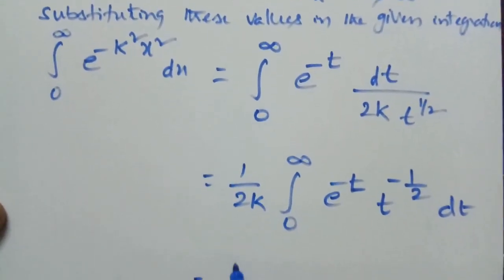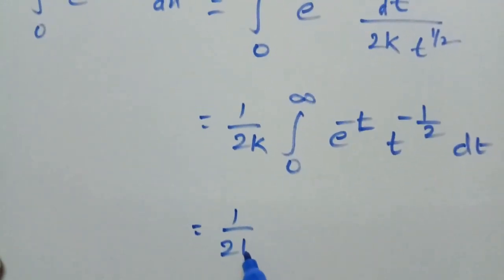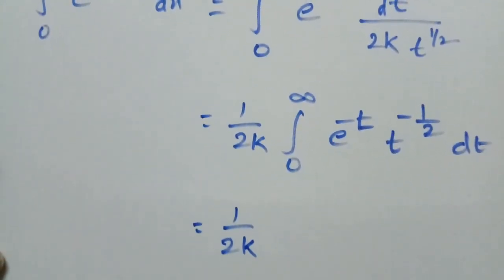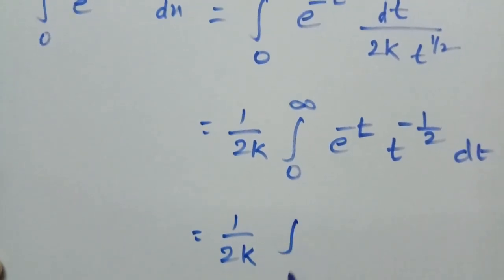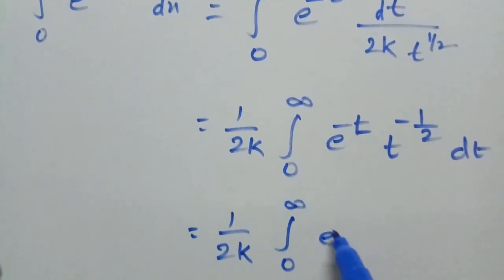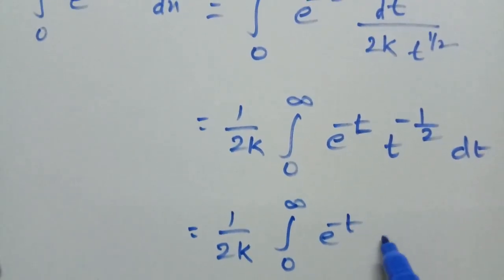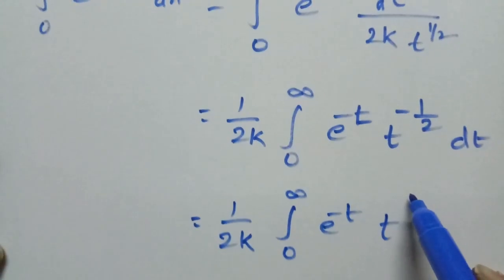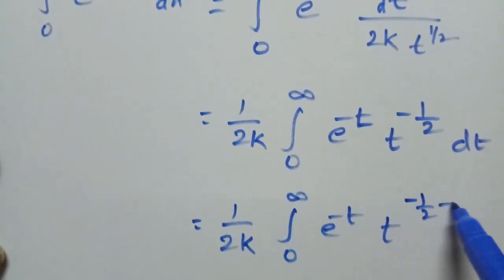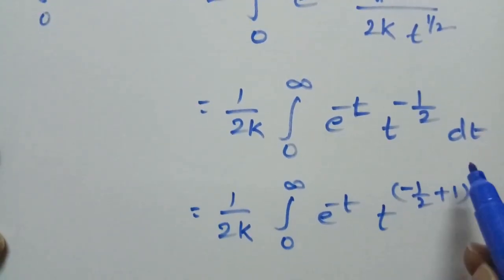Therefore, this is 1 by 2 times into k into integral 0 to infinity. To get into standard form of gamma function, adding 1 and subtracting 1.